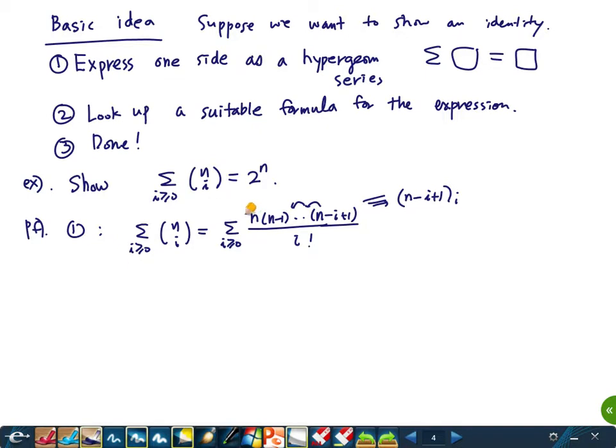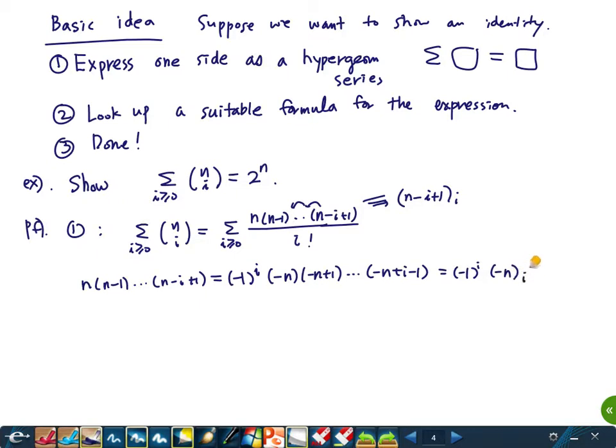So n minus 1 dot dot dot n minus i plus 1. You multiply by minus 1 and multiply by minus 1 again, then there are i factors like that: minus n plus 1, minus n plus i minus 1. They are the same. Now it is increased by 1 at a time, so this is constant: minus 1 to the i, times minus n sub i. This is a good thing for us.